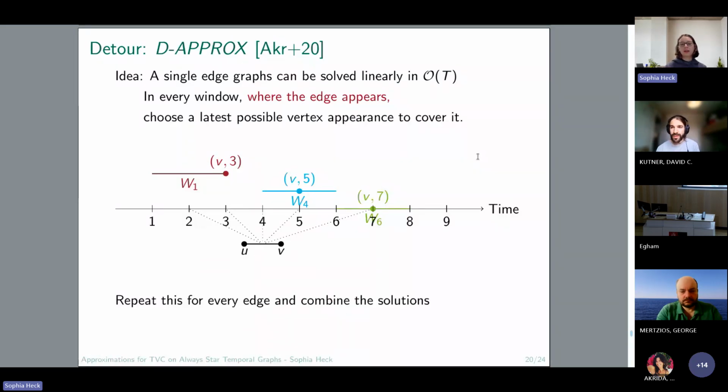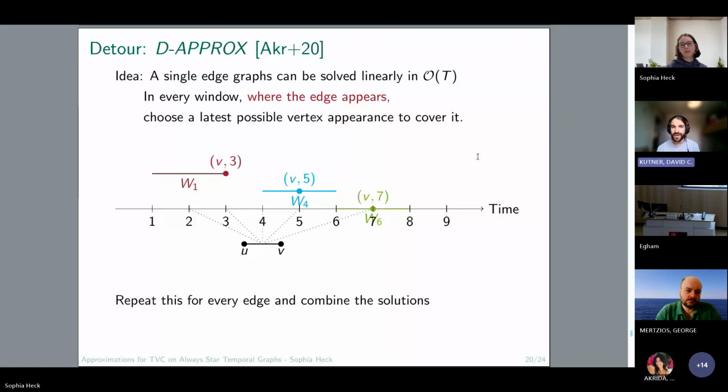So we usually use something like edge arrays, and then make it very efficient, in O(1), to access the time labels of edges.